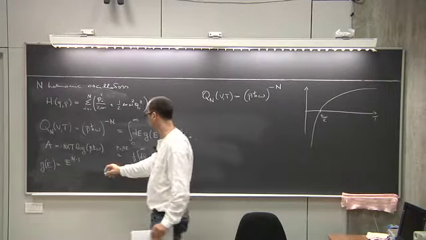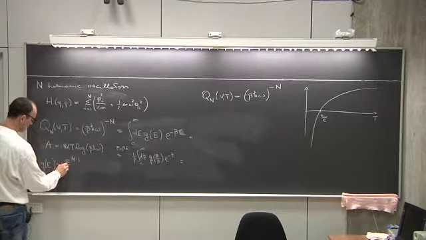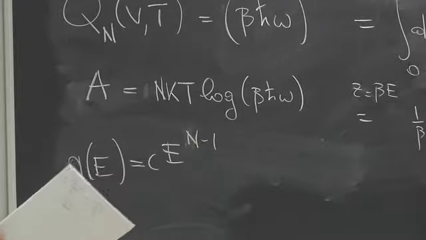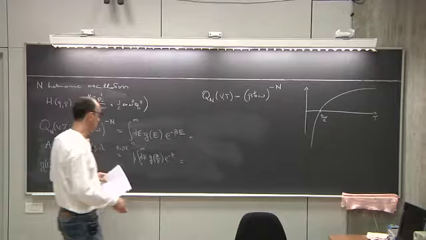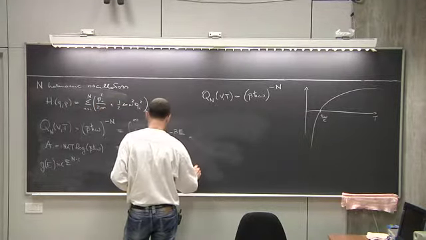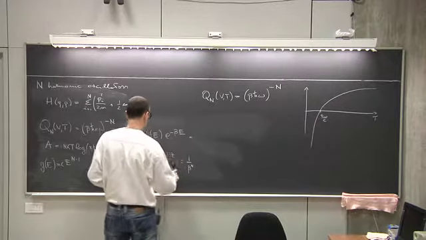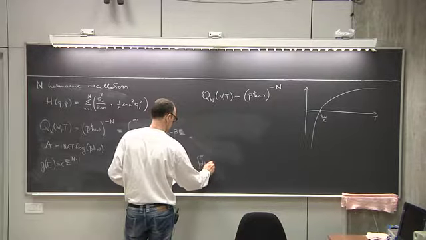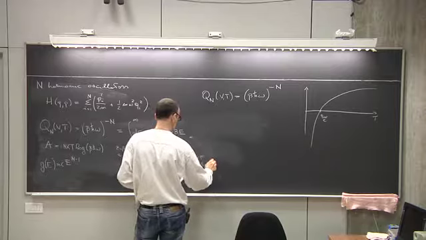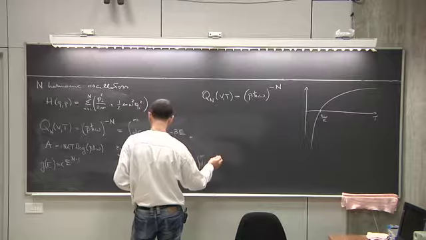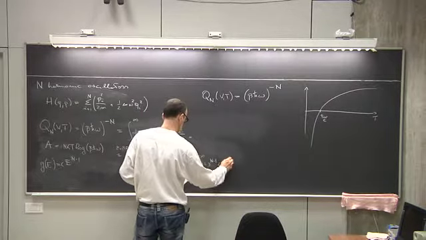So if you substitute, this must be a constant times E to the n minus 1. Then you have 1 over beta to the n times the integral from 0 to infinity dz, z to the n minus 1, e to the minus z, right?